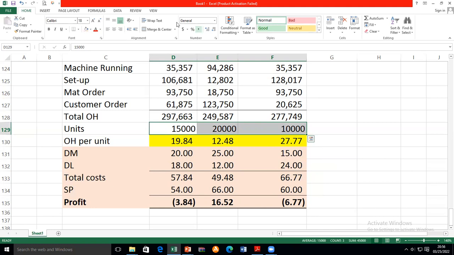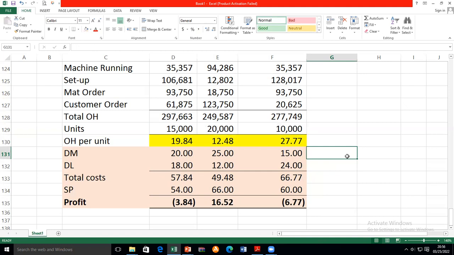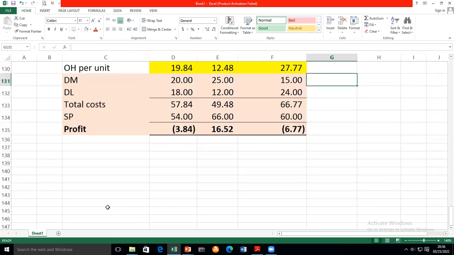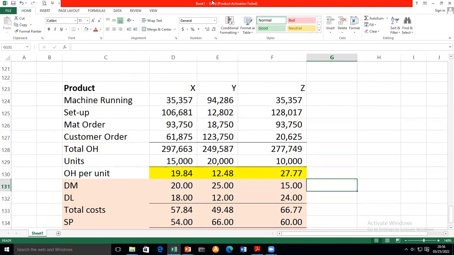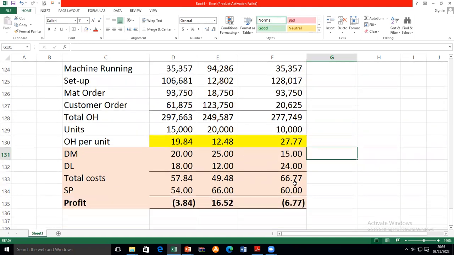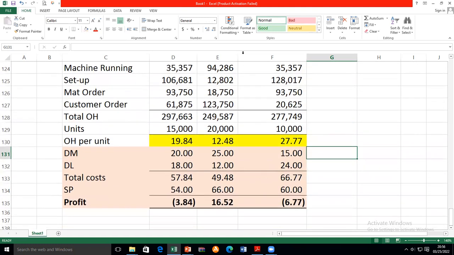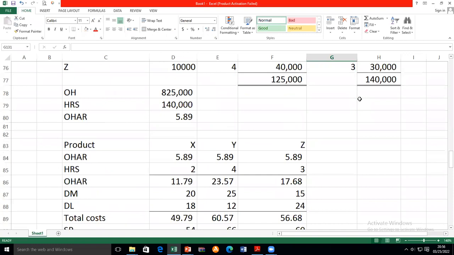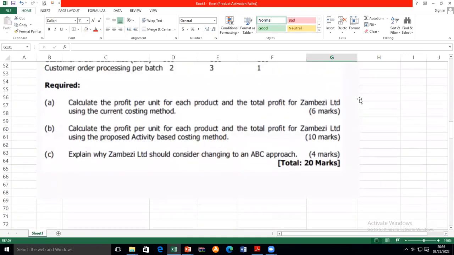Any observations from the activity-based statement? Matthew? We are making a profit at a level of more than 15,000.